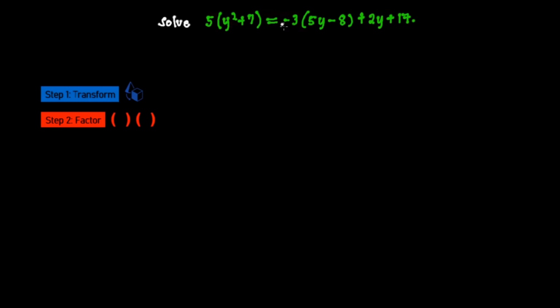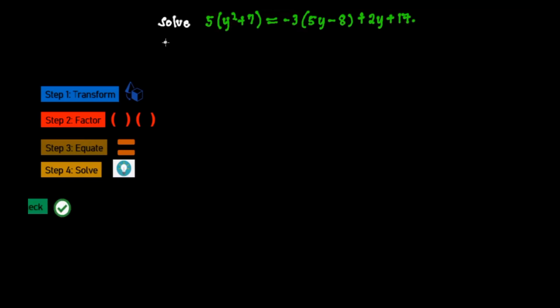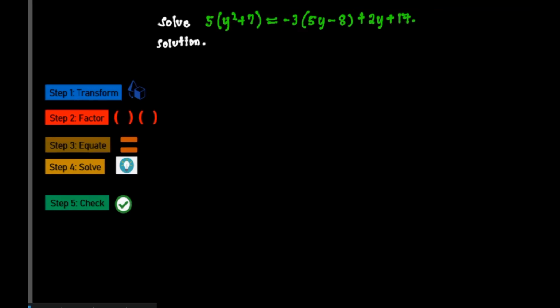What about this equation? I want to give you a try to find the roots of this equation. Feel free to pause this video if you want to. Now, for our solution, first of all, we will use the properties of equality to simplify the equation.